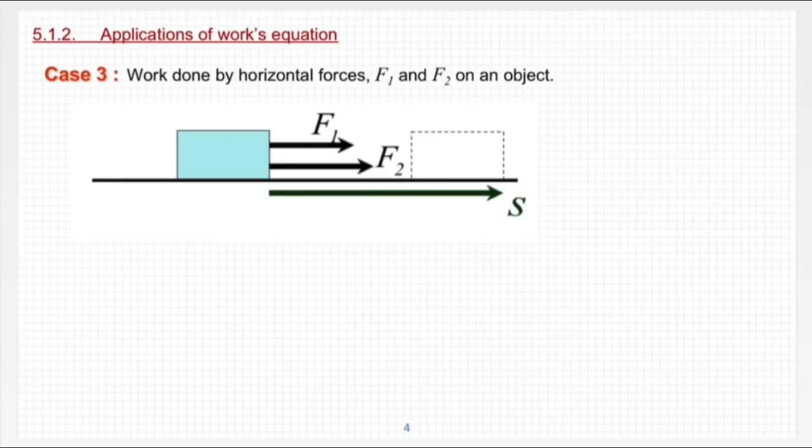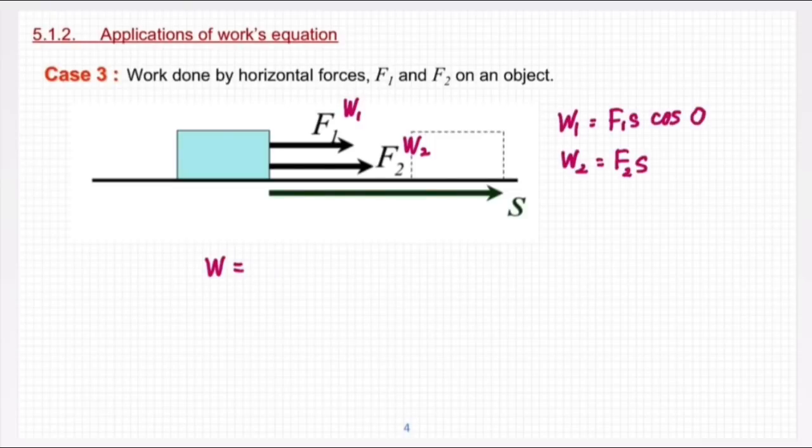For the third case, we have work done by two horizontal forces, F1 and F2, and we have displacement S. In this case, we have two forces. To find the work done, we have to find W1 and W2 first, in which W1 is the work done by force 1, and W2 is the work done by force 2. The total work done will be the sum of W1 and W2.